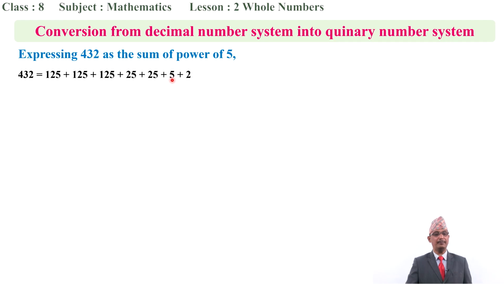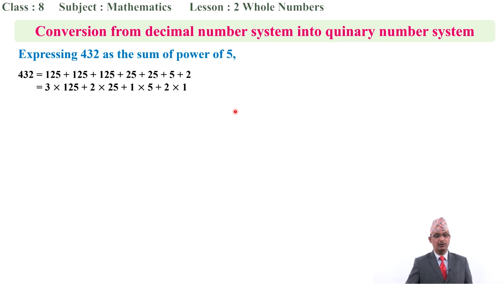So 425 plus 5 becomes 430, plus 2. But the question arises, sir, 2 is not a power of 5. Yes, 2 is not a power of 5, but 2 can be written as 2 times 5 to the power 0, because anything to the power 0 except 0 is 1. That's why we have written it like this.